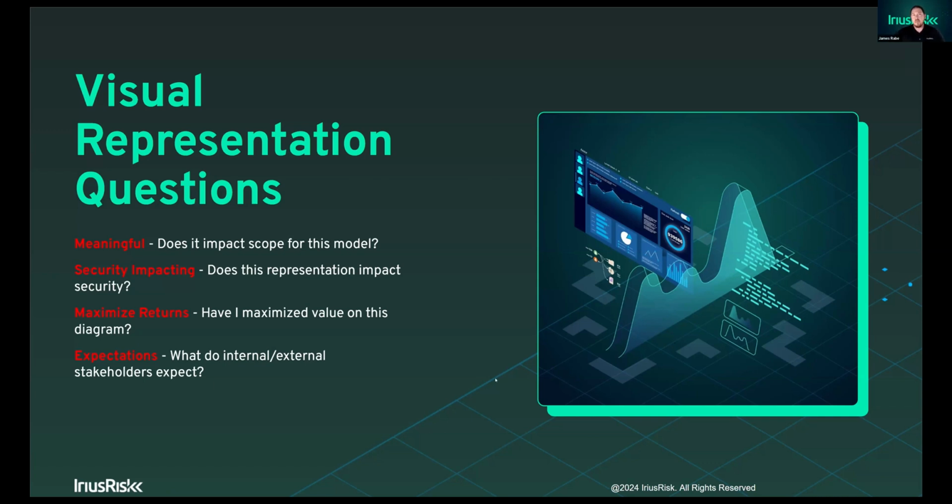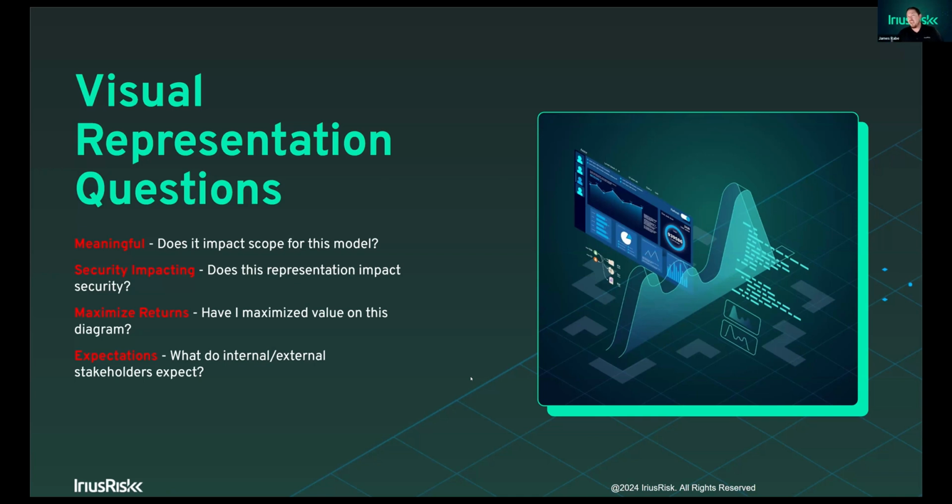Maximize returns. Have I maximized value on this diagram? This really goes into the amount of time and energy we're spending on creating an accurate enough representation of my model. For example, if I spend 10 hours on a diagram, that's obviously a significant amount of time, and I'm going to get a lot of what I need diagrammed completed. If I spend 20 hours on that exact same diagram, is there that much more benefit between 10 and 20 hours?